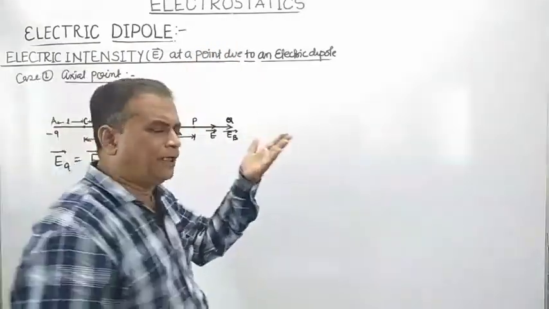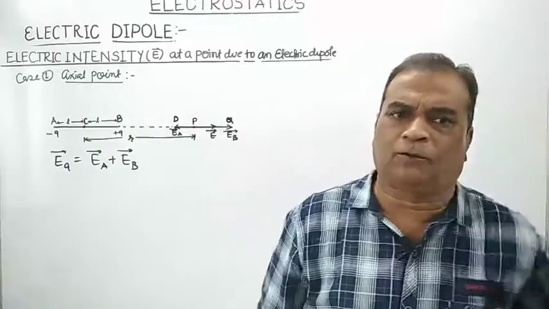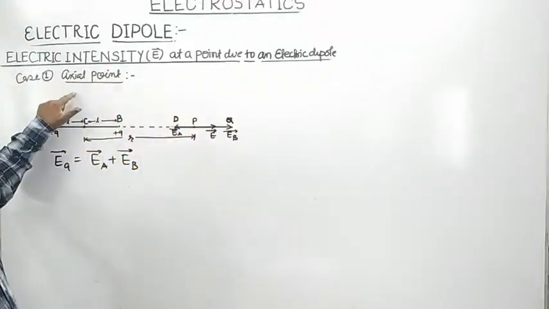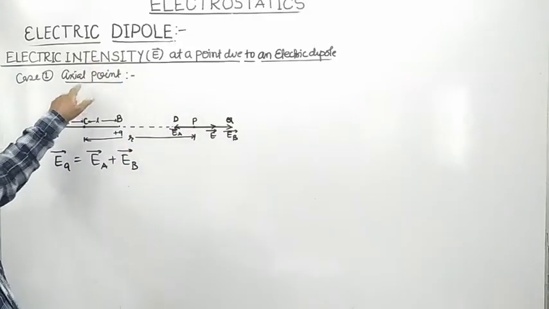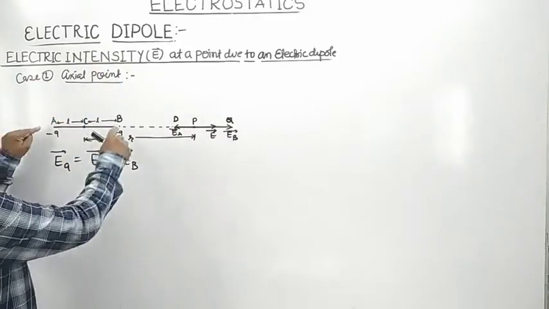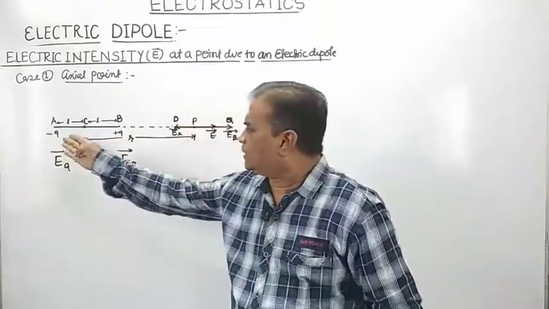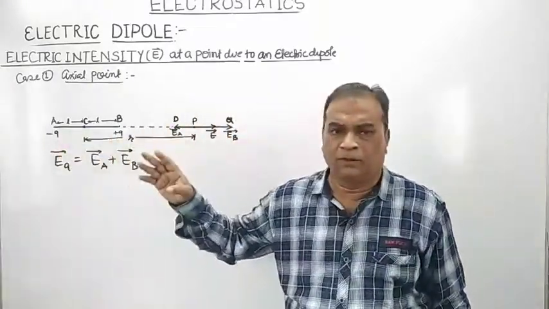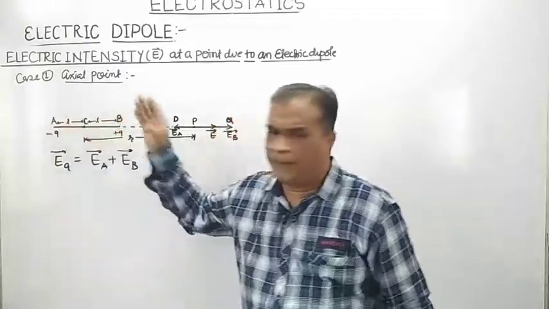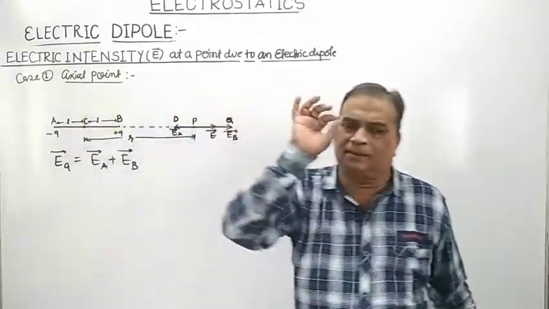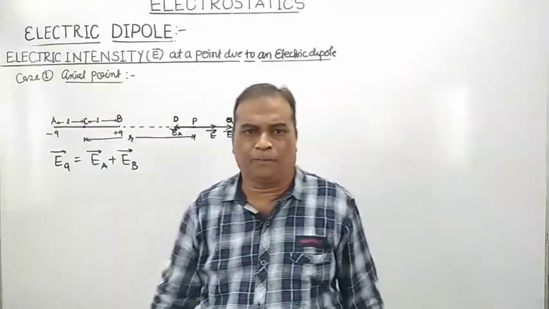That point may be a point on the axis, or that point may be a point on the equator of a dipole. So the first case we will consider is that the point is an axial point. Here we have an electric dipole formed by two equal and opposite charges, minus q and plus q, kept at points A and B, separated by a distance 2L, and C represents the center of the electric dipole.